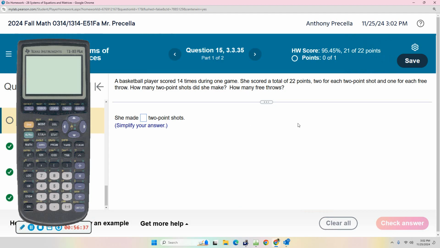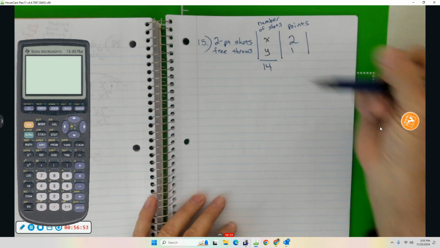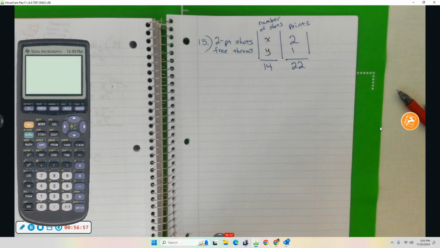Let's keep reading. Notice how many times I switch back to the problem, rereading it. She scored a total of 22 points in this game. Where is that going to go? Okay, the total of the points. She scored 22 points in that game.